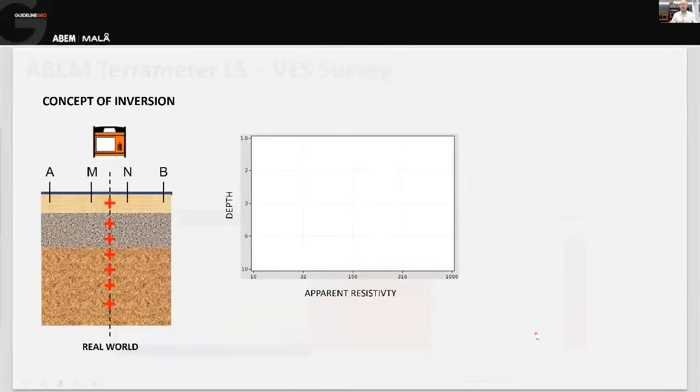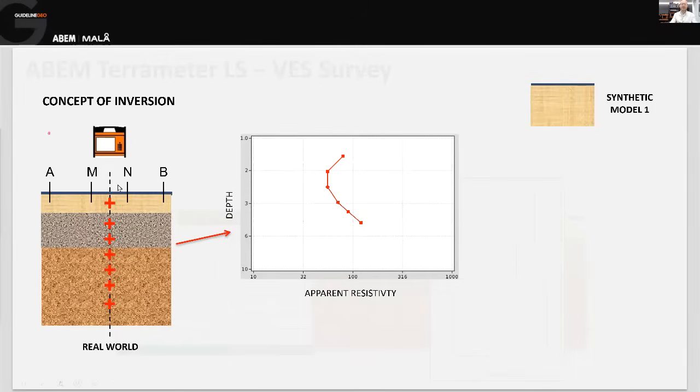So how does this inversion software work? Well, we provide it with the raw data, our sounding curve of apparent resistivity against depth. The inversion software then generates a model of what it thinks the ground looks like. So it will be a certain number of layers with resistivities associated with those different layers.